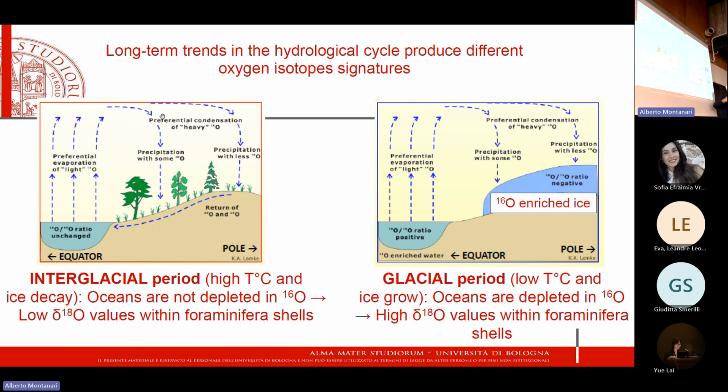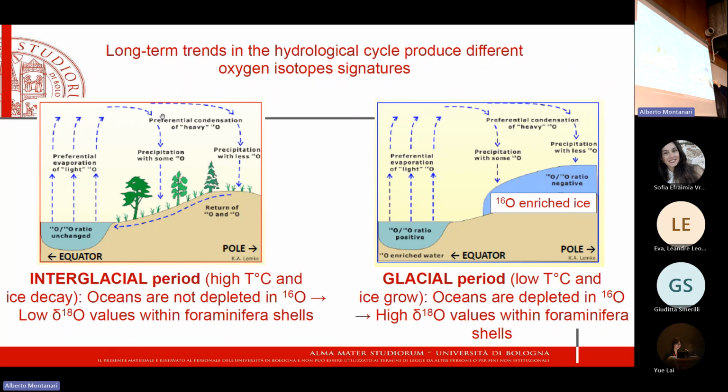So basically, if you look at the ratio O18 to O16 in the ocean water, for instance, from the marine probes, and you find the situation where O18 is more abundant, it means that it was a cold period.